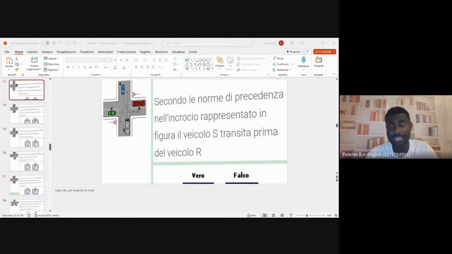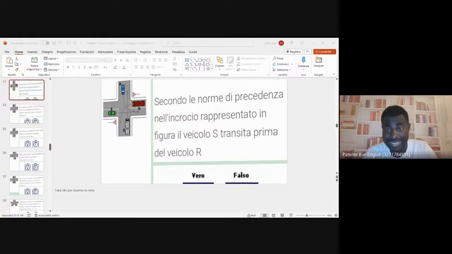So the question is about only the S and the R. And the question says that according to the rules of right of way in this junction, S transita prima del veicolo R. So S goes first, or S goes before the R. And if you look at the junction, the answer to this question is vero because, guys, R has direct precedenza.